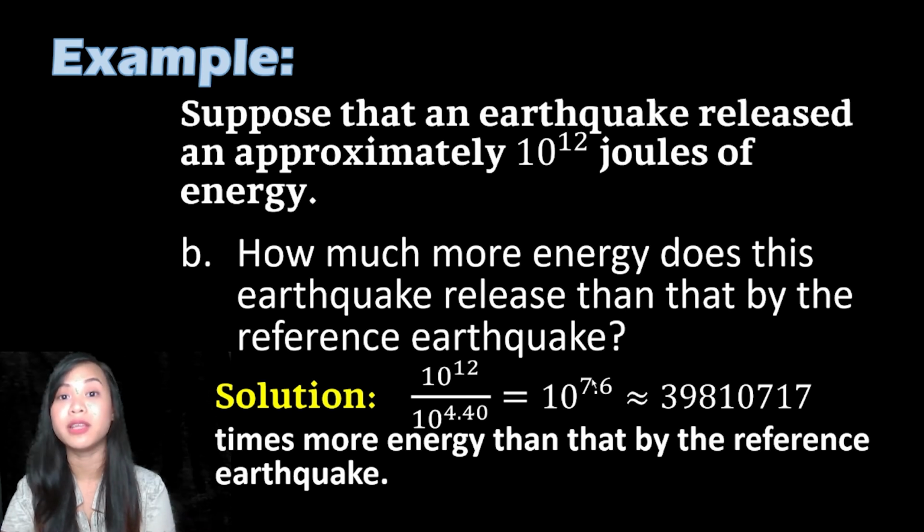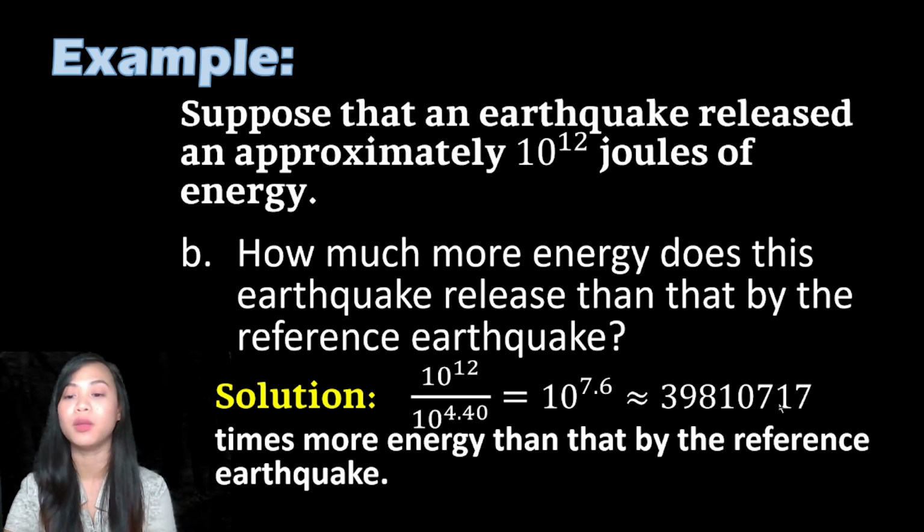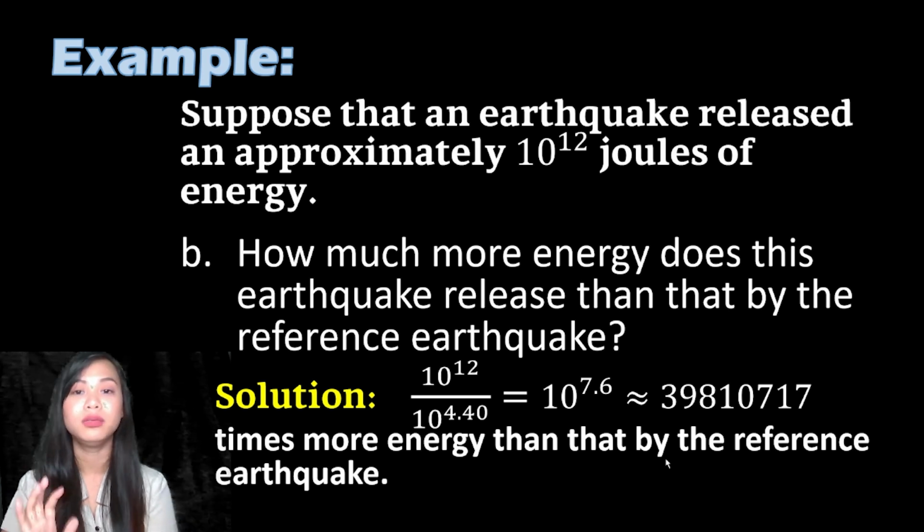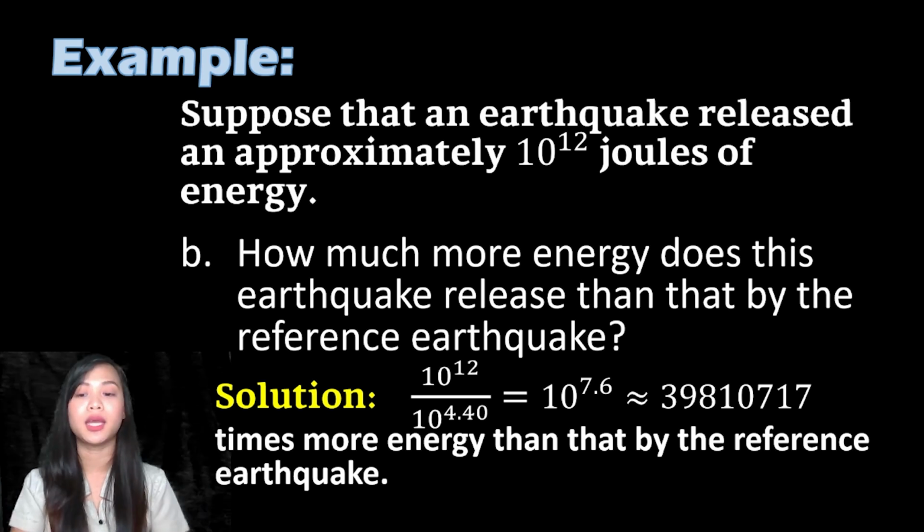That is 10^7.6, which is approximately a very large number, equal to 39,810,717. This means that the earthquake released that many times more energy than the reference earthquake.